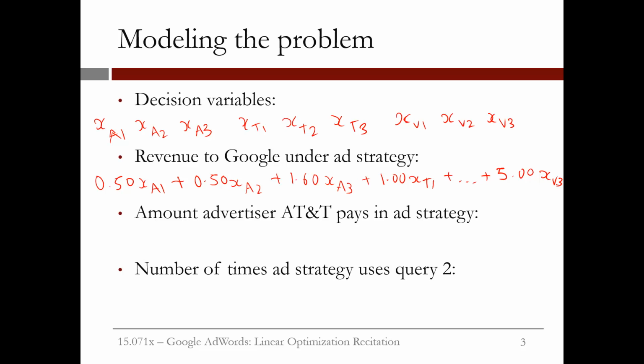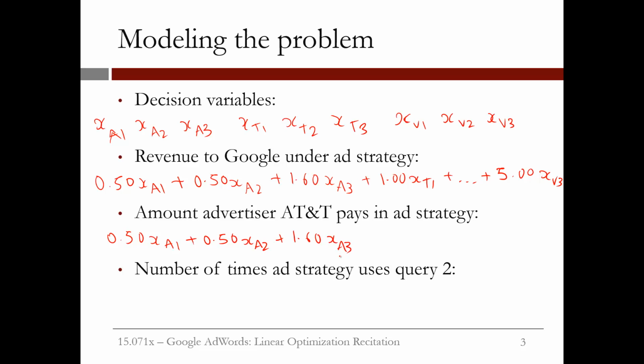To get the constraints, we use a similar process. For instance, to get how much AT&T pays, we multiply the AT&T variables by their average prices per display and add them up. So we'd get 0.5 XA1 plus 0.5 XA2 plus 1.6 XA3.